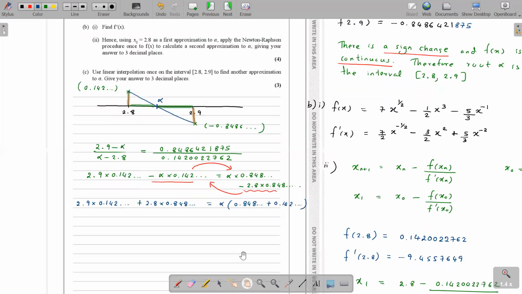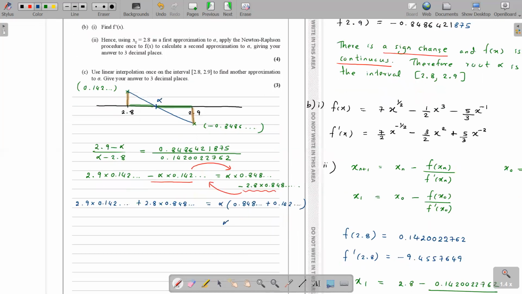This is okay. So end of the day, we get here, when we make alpha the subject, we get alpha here as 2.9.